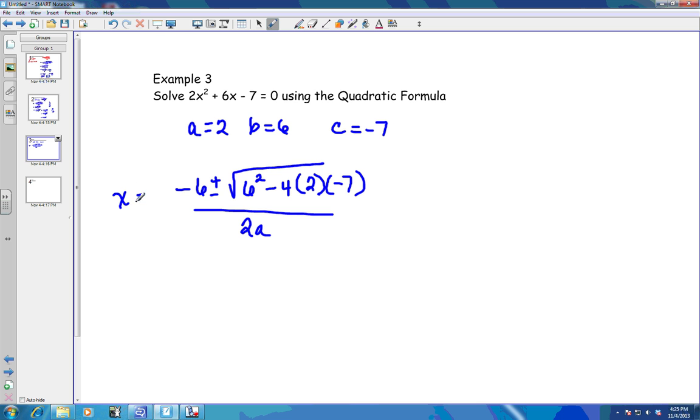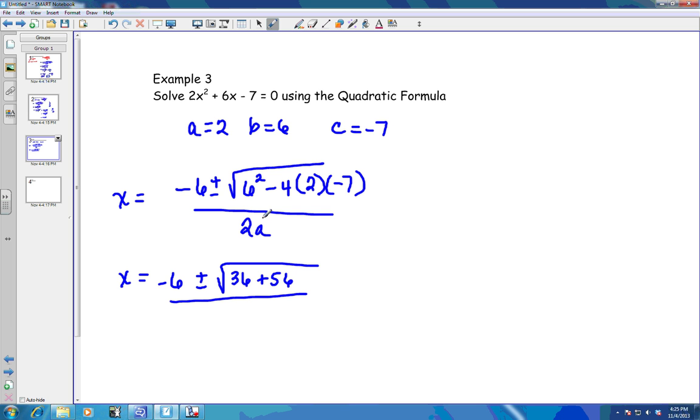And x equals that. So x equals negative 6 plus or minus 6 squared is 36, 4 times 2 times 7. That's going to be 56, and it's a positive 56.